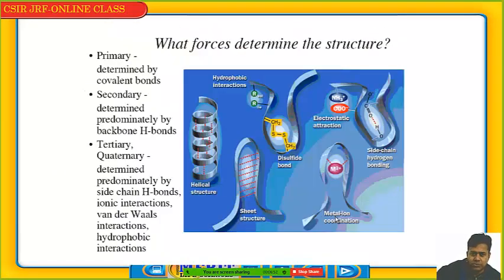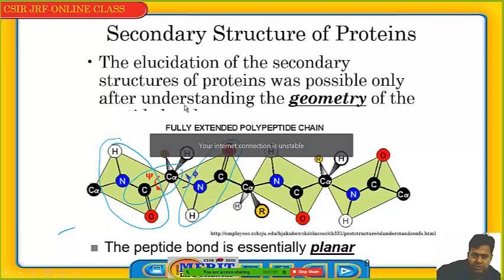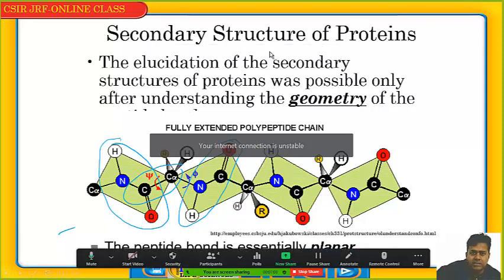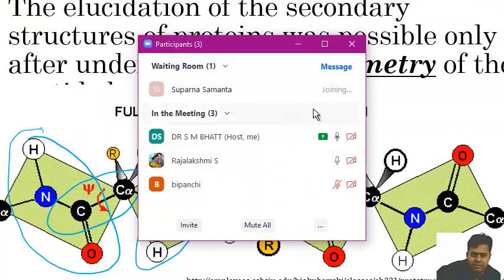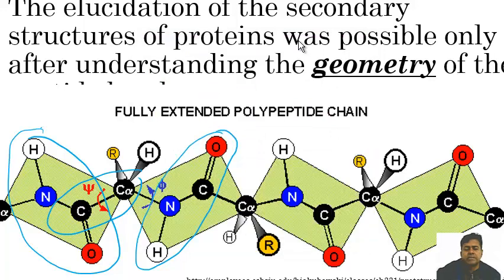And what are the two names? They are called C alpha, that is phi, and C alpha, that is psi. So basically the Ramachandran plot is a prediction of the secondary structure, right? Which secondary structure must be stable because of the planar peptide bond, and which one should not be stable.